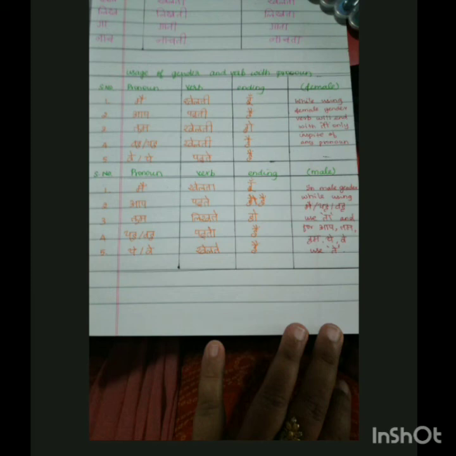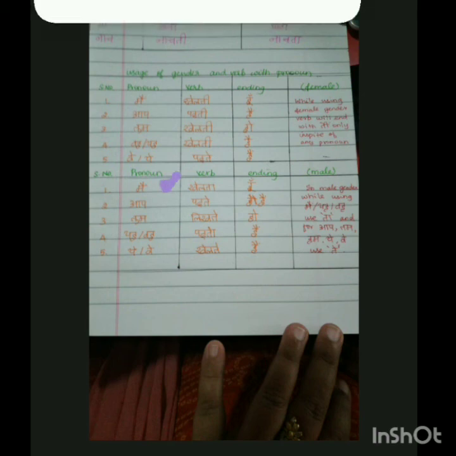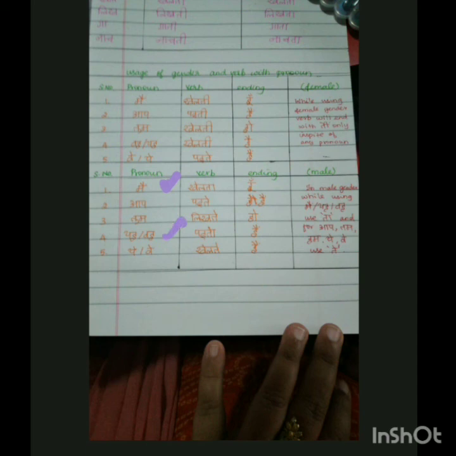And the next part is masculine gender. How will we make a sentence for masculine gender? We will be using the aa matra and the e matra. Where will we use the aa matra? Only in 3 places: in place of मैं, यह and वह.